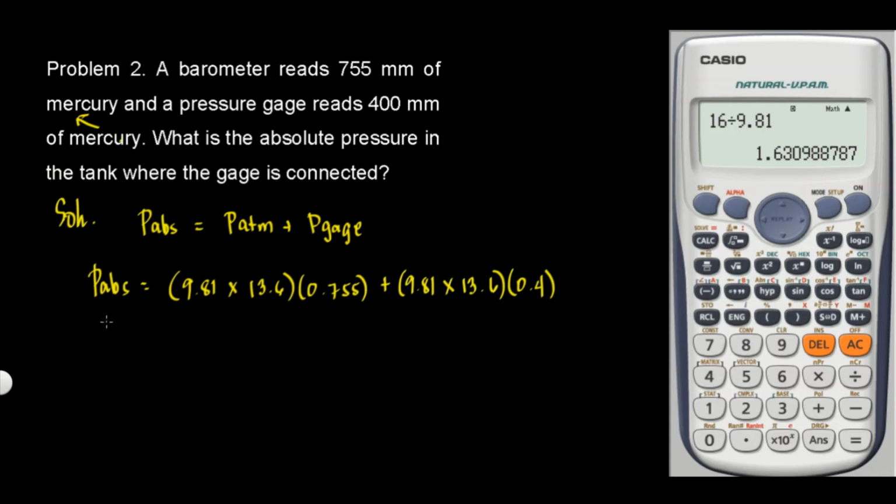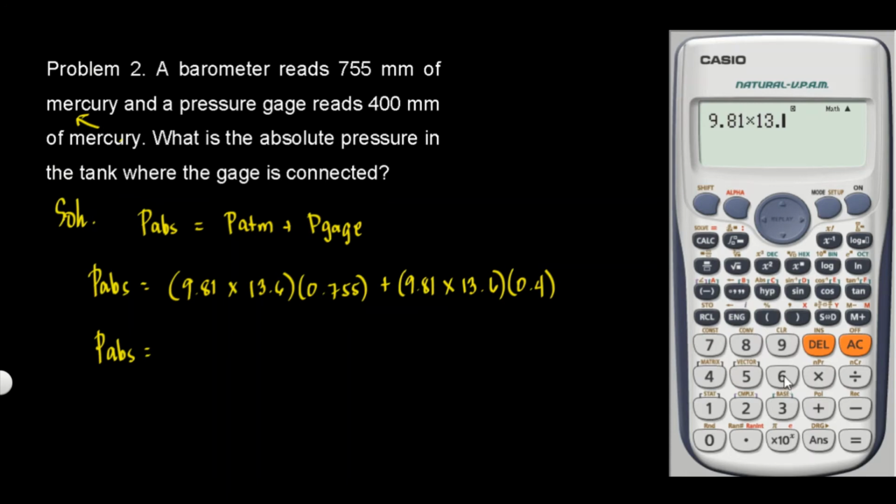So, we have P absolute equals, let's use our calculator. 9.81 times 13.6.